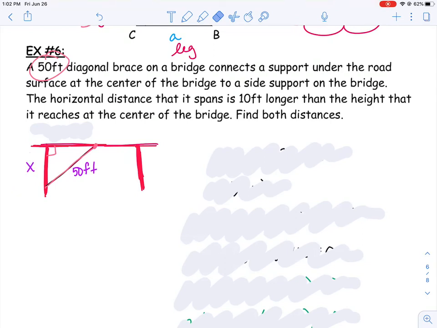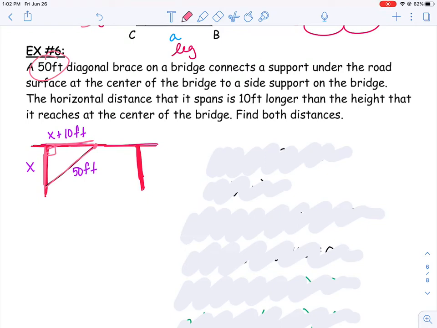So can I call that x? But then it says that the horizontal distance, left and right, is 10 feet longer than that. Well, if the height is x and I want 10 more than that, could I label that piece x plus 10? And then it asks us to find both distances. So I want to figure out what this vertical distance is and what this horizontal distance is.